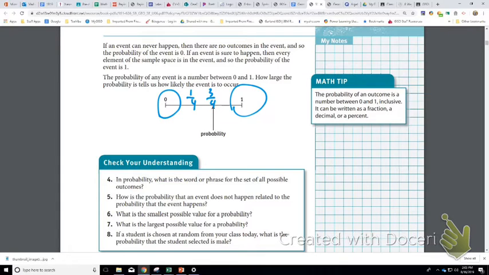So probability is going to fall between 0 and 1. If there is no possibility, you will hit the 0. If all of your sample space will hit, that's a sure outcome, and that is your 1. Okay? Questions on that? All right, let's do 4 through 8.